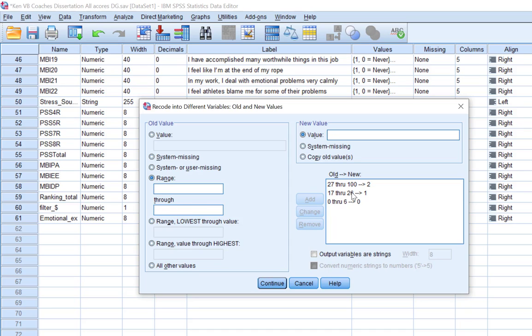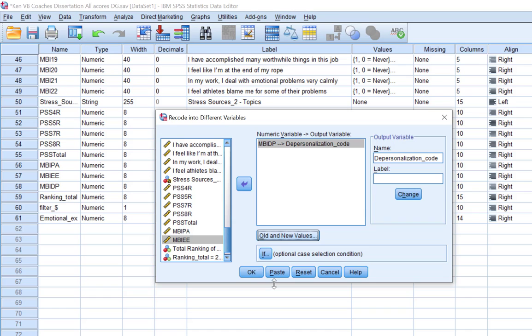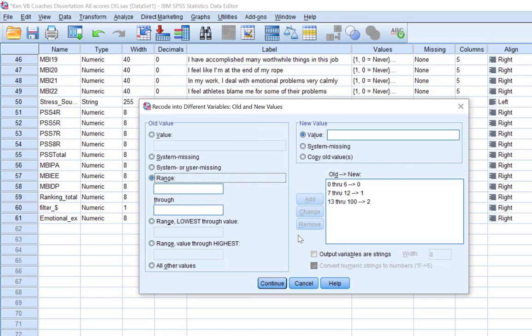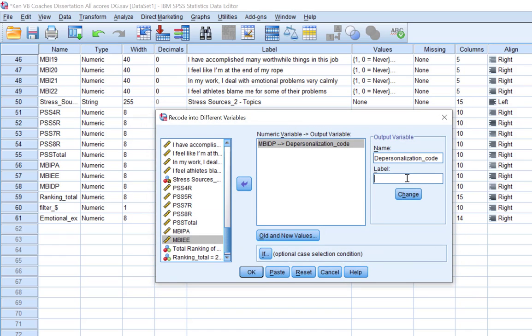Okay, which one? 7 to 12. And higher than 13 is high. Oh, you put 13 on. Yeah. Okay. You have to put a label on the other two maybe. Yeah, I will.